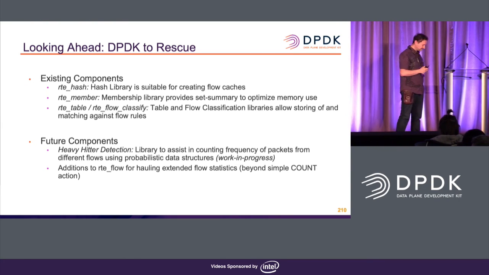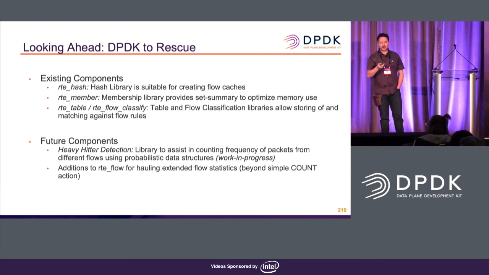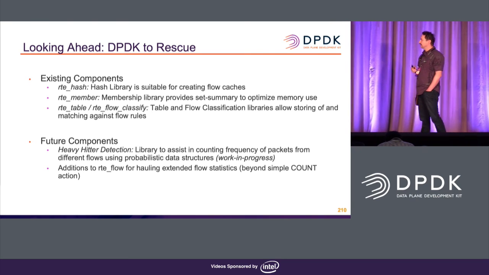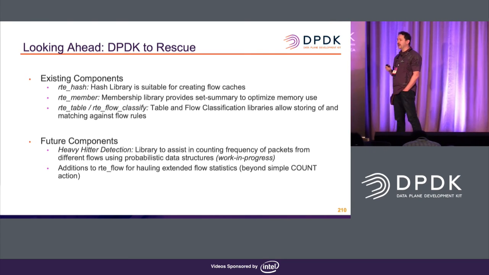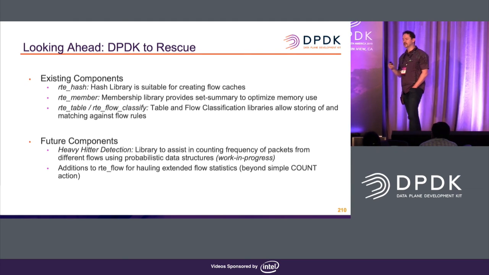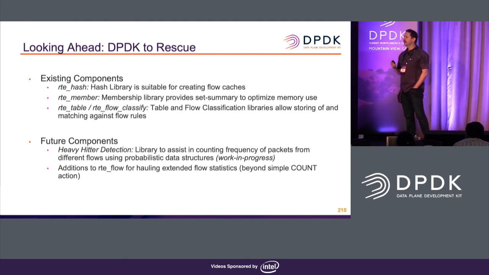Some of the future components that we are interested in, a relevant one you heard about earlier in the talk, we're working on something called heavy hitter detection. We're trying to understand whether we can come up with a probabilistic data structure that doesn't require you to count every single packet to understand the flow statistics, but is a little more intelligent in how you sample and still get some statistics about the flows.